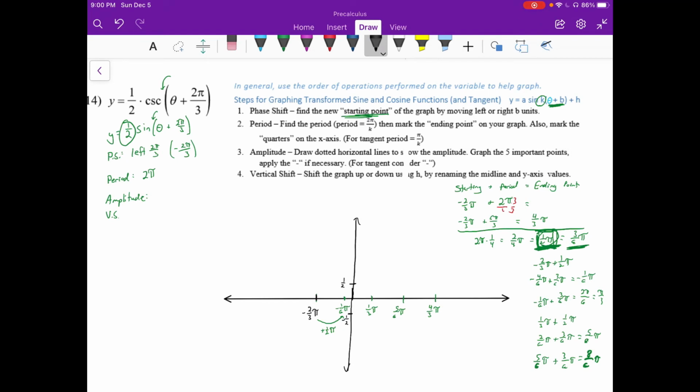So a smaller amplitude. We can put our dashed lines there to show our guidelines. So our amplitude was 1/2.